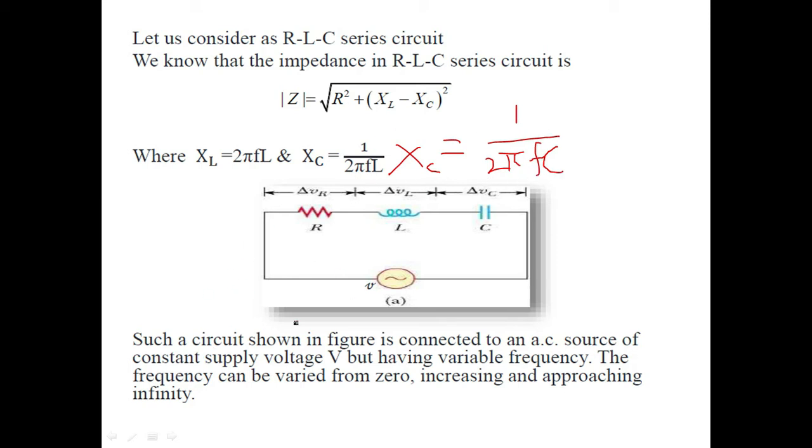Then such a circuit, as shown, has a resistor R, L and C connected to an AC source. The AC source has a constant supply voltage V but a variable frequency.